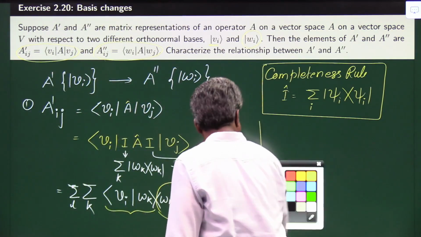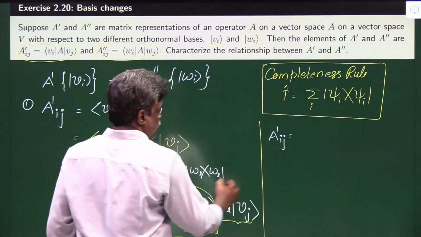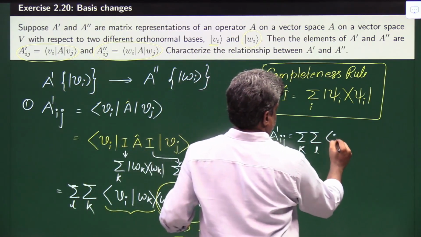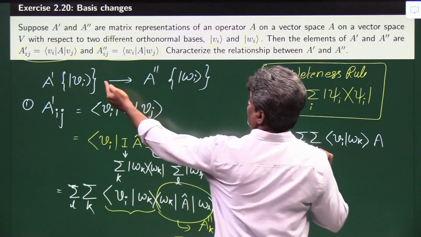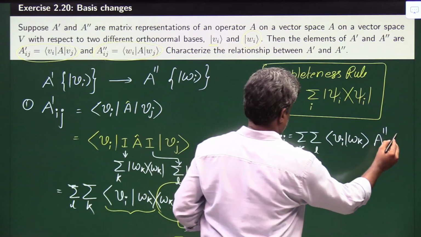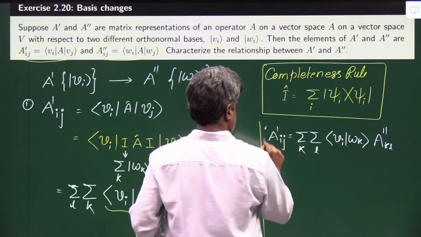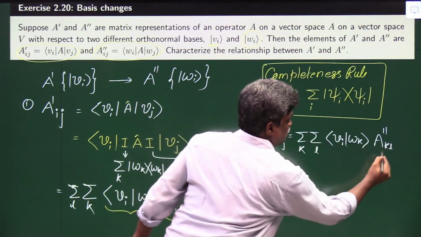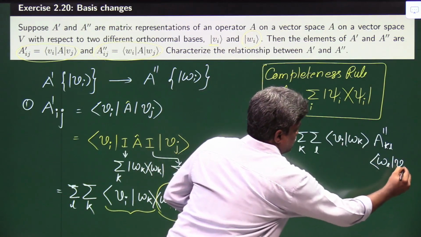So finally we have A prime Ij equal to a summation over K and a summation over L, and here we have this Vi Wk, and after that we have A double prime, the KL matrix element, and after that whatever you have remains as it is, WL and Vj.